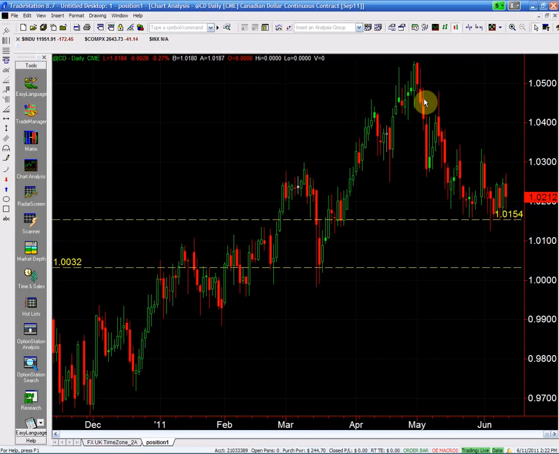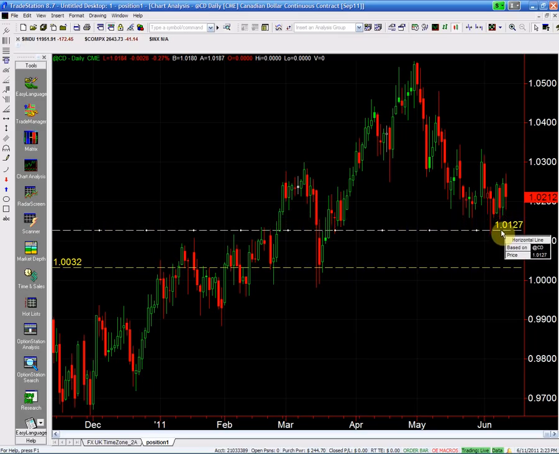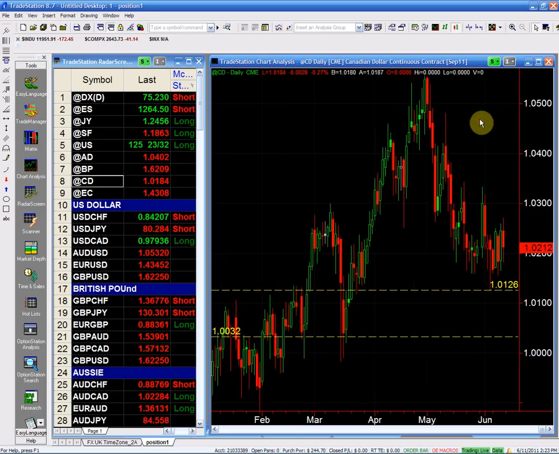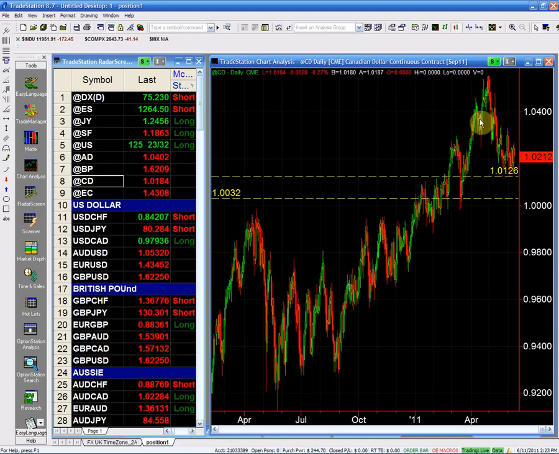There was a sell signal from here around the 103. If we're going to do anything, we will be taking it below a minor significant point around the 101.26. So the CAD is weak. The reason I'm saying we want to wait until the 101.26 is because the Canadian moves in a very close correlation to the US dollar. So if the dollar is going to be moving up, at least the CAD will be supported.